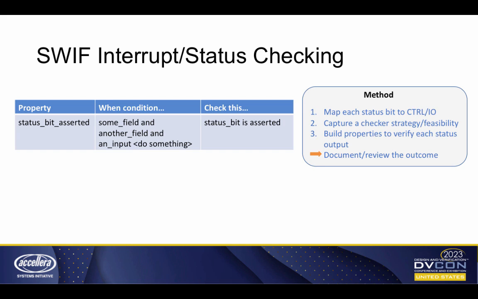Generally, you look at the when condition, so this is the situation that I am looking at, and when that happens, this is the thing that I'm going to be checking. So again, the when condition here is, some field and another field and input, something happens, and when that happens, I go and make sure that my status bit is asserted.